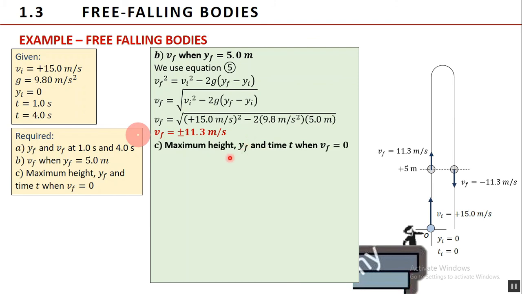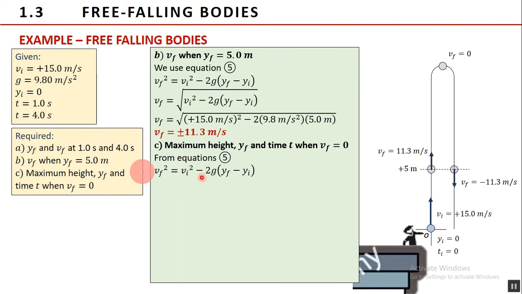Lastly, letter C, for maximum height and the time at this point. Maximum height is a special term for final position y sub f when the final velocity is 0. We do not know yet the time, so we use again equation 5 for this. But we need to transform the equation because we want to know y sub f. So we will do some algebraic manipulation.